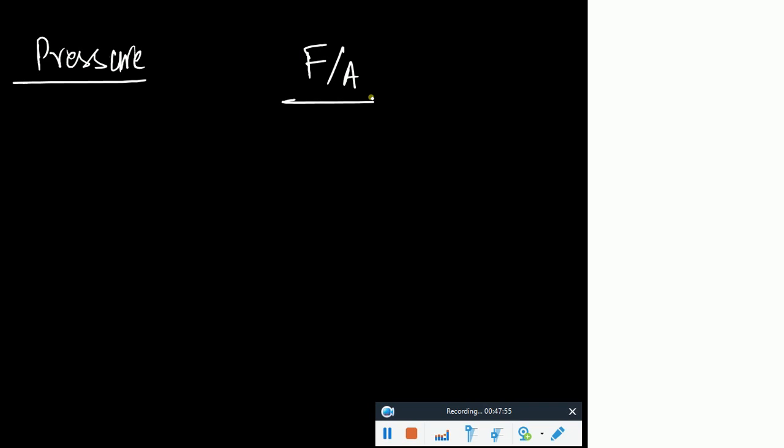Let's talk about a very important quantity which you should understand, that is pressure. From a very simple concept, how do you see pressure? You say that pressure is force per unit area.